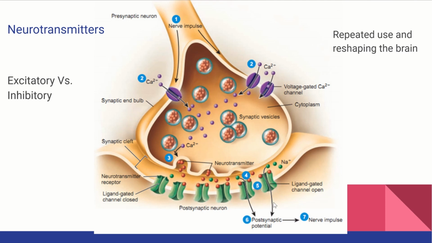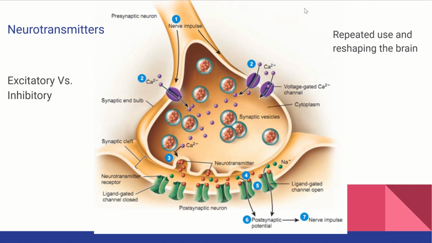The more those neurotransmitters get released, the more likely we are to see that threshold met and depolarization occur. If it's inhibitory, it blocks the channel from opening and prevents the sodium ions from flowing into the cell. So inhibitory gets us further away from depolarization, whereas excitatory gets us closer to depolarization.